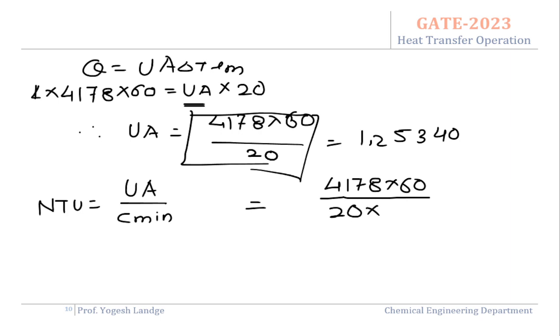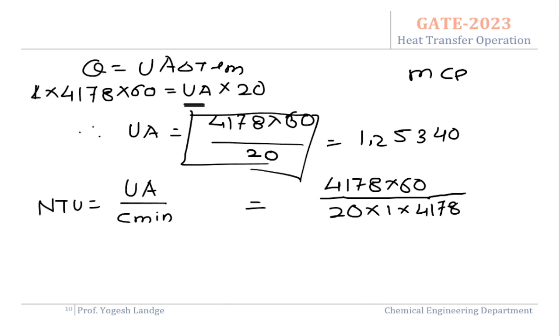What is the value of C minimum? The formula for C minimum is the mass flow rate into the specific heat. In both cases the value is the same, so I just consider the water one. So the mass flow rate of water is 1 into the specific heat of water, which is 4178.